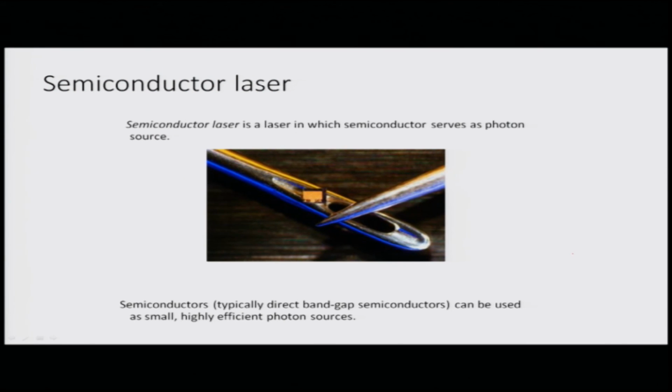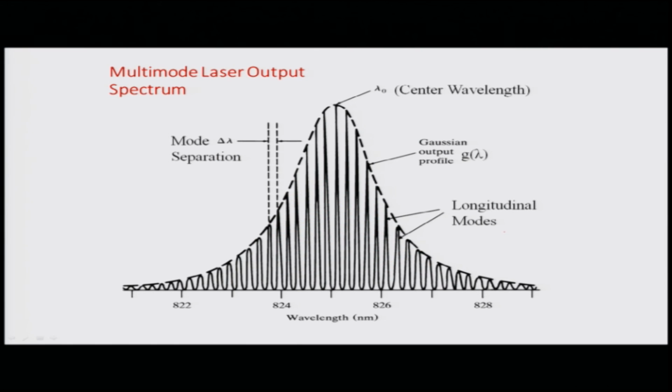And finally, I would not mention much about it, but a semiconductor laser is a laser in which a semiconductor serves as a photon source, and typically these are direct band gap semiconductors which can be used as small highly efficient photon sources, as also the fiber lasers where you have erbium doping, which can create lasing and other kinds of things. We will not do too much about it now because we will have to move on to other aspects.